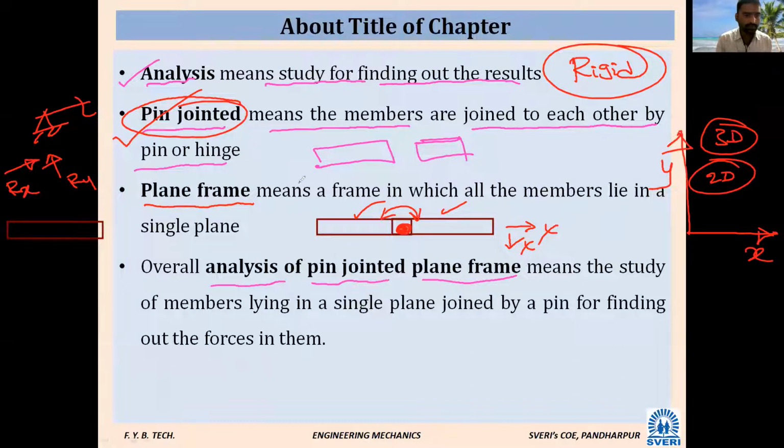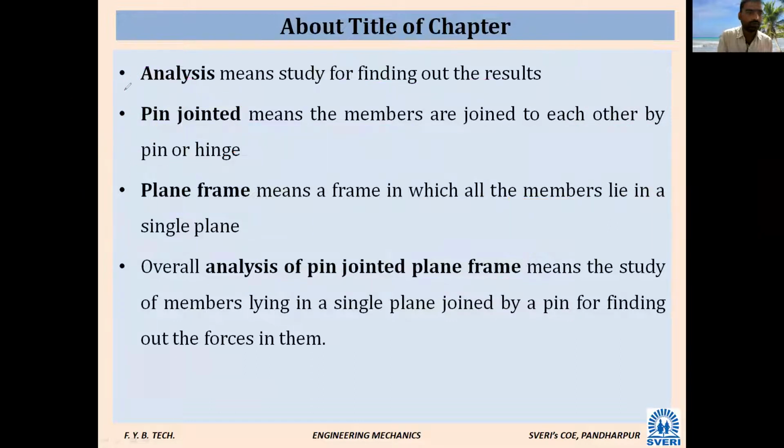See, plane frame means a frame in which all the members lie in a single plane, it is also called two-dimensional. A frame in which all the members lie in a single plane is called as plane frame. So overall, I have to define your analysis of pin jointed plane frame.